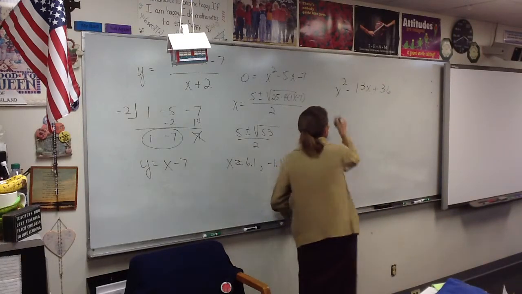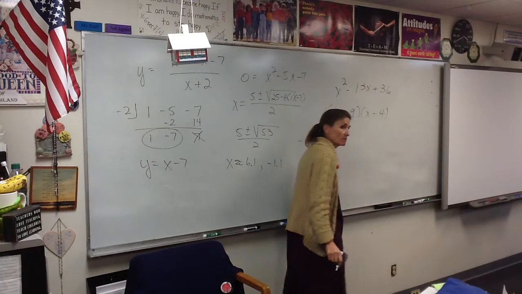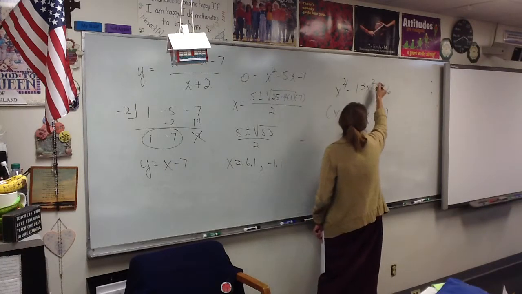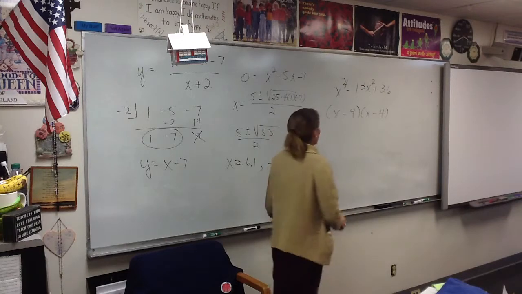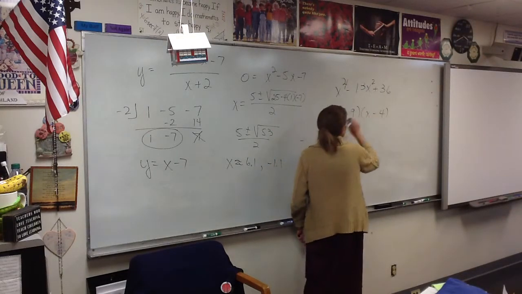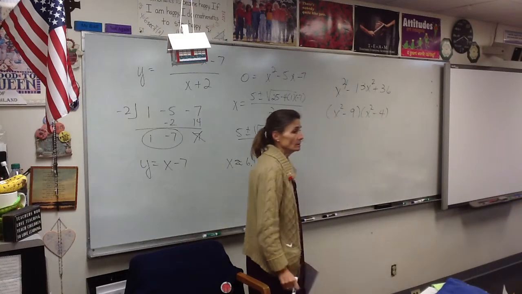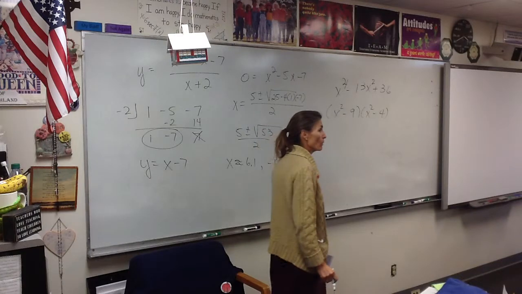Yeah. You would factor that as x minus 9, x minus 4, right? You wouldn't even really have to think too hard about it. If this is a 4 and this is a 2, everything is exactly the same. Only instead of x and x, it's x squared, x squared. It's in what we call quadratic form.